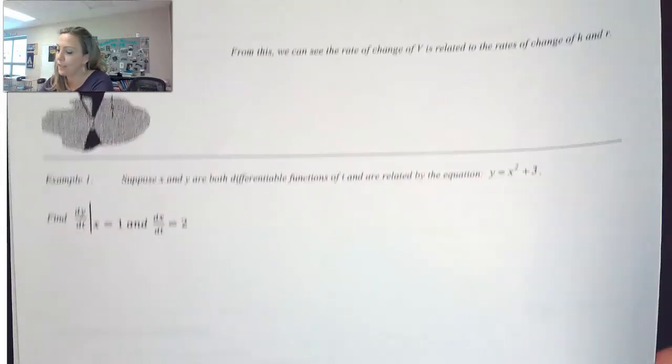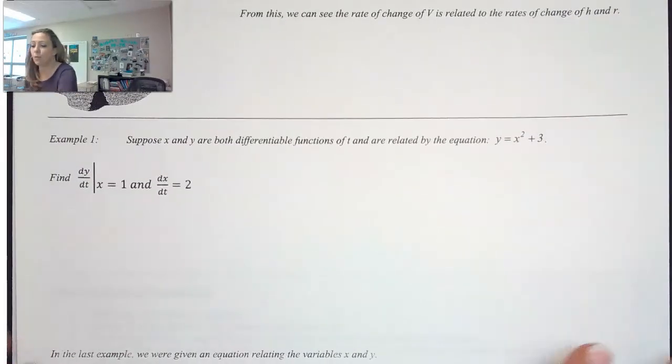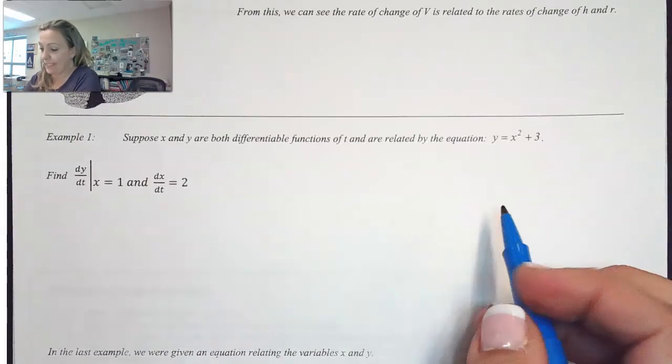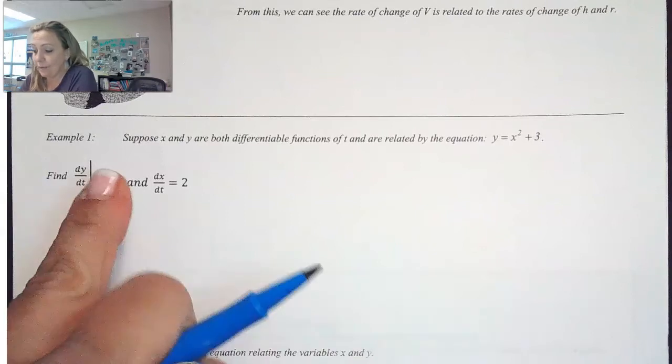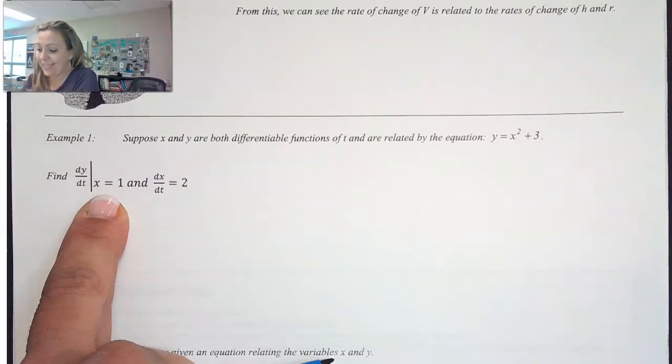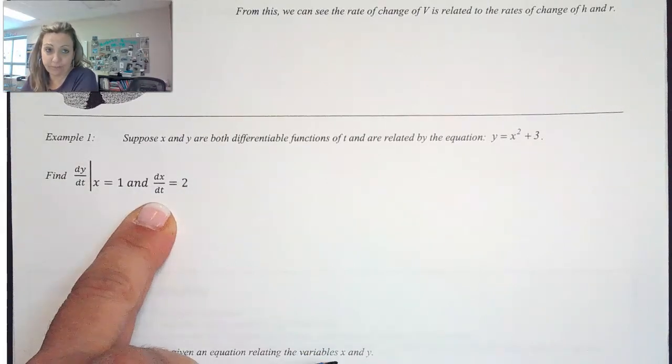In example one, we're going to suppose both x and y are differentiable functions of t and that they are related by the equation y equals x squared plus 3. So what we're going to do is start by differentiating each side with respect to t, because they want us to find dy/dt given that x equals 1 and that dx/dt equals 2.